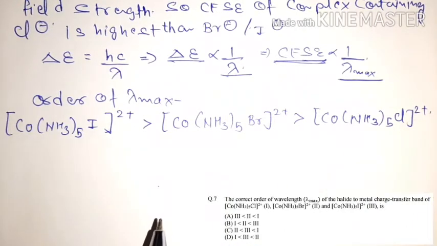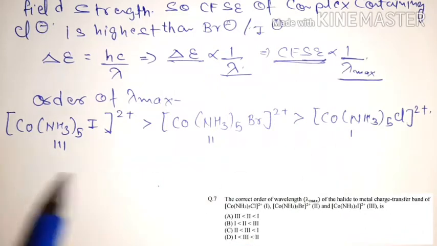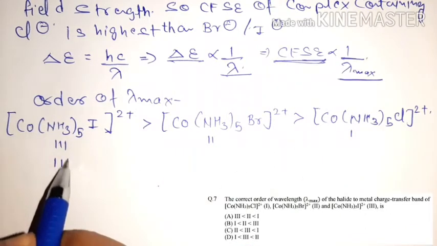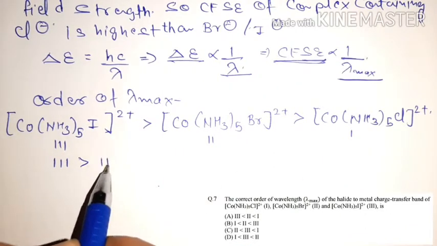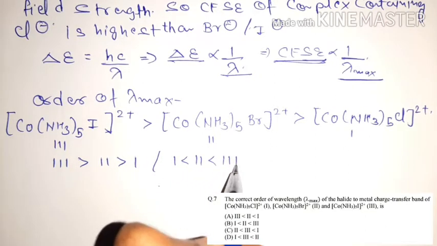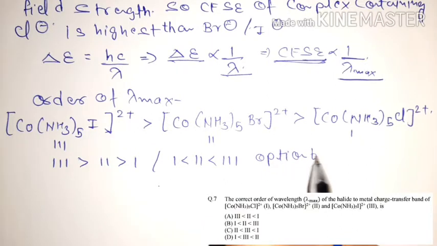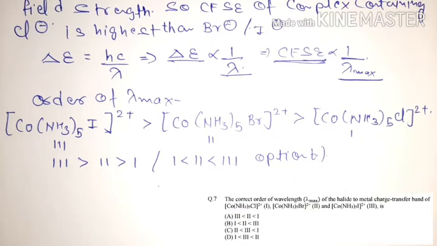Understand, friends? And in your question it will be complex third, then second, then first. So your order of lambda max will be third is greater than second is greater than first, or first is less than second is less than third, which is your option number B. See in the corner. Understand, friends?